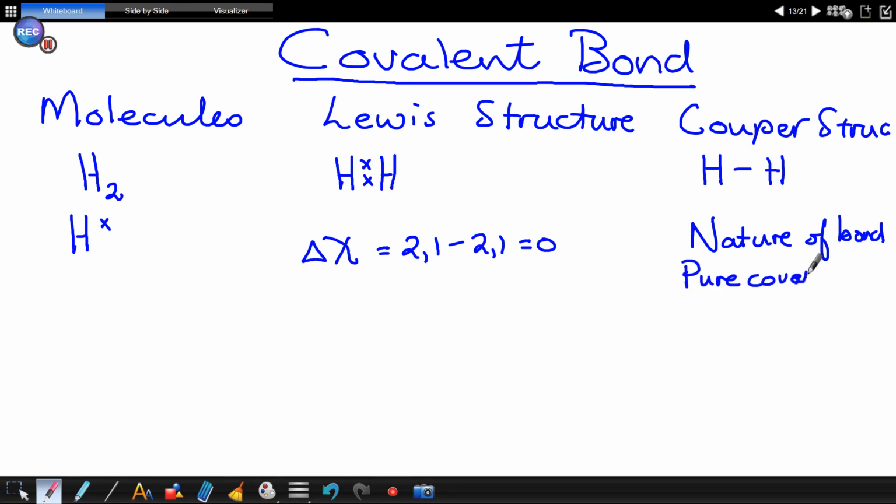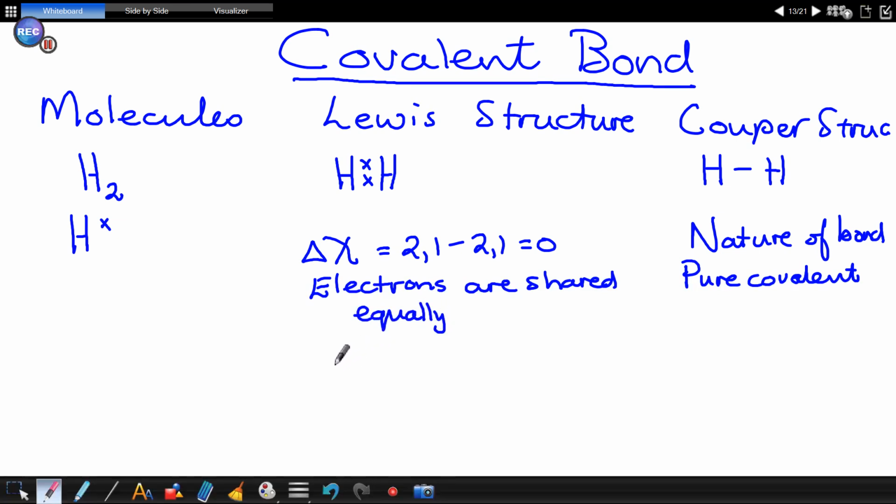Did you write it under the structure? So the electrons are shared equally. We say that the charge distribution on the atoms is 0. It's equal. It's symmetric.